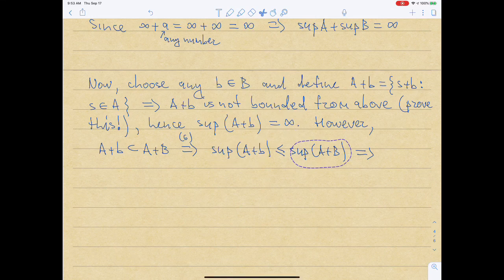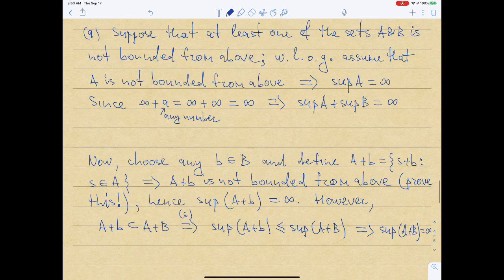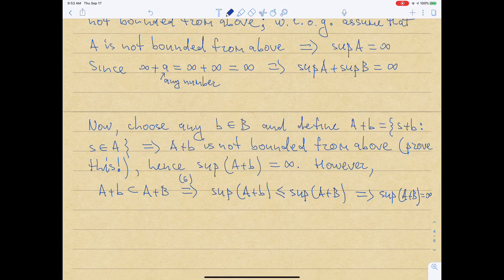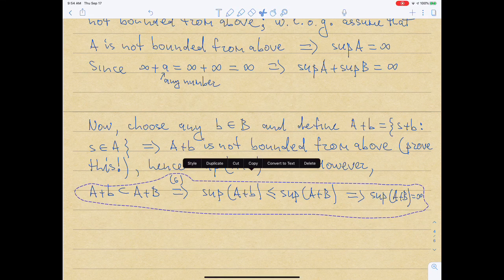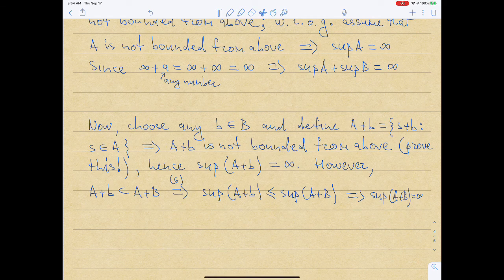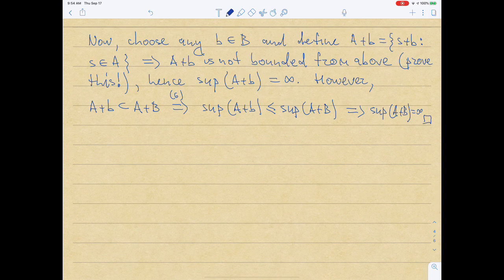The supremum of capital A plus B is greater or equal than this number, so what is greater than infinity? It's only infinity. So the supremum of A plus B is also equal to infinity. Okay, so that is a proof for the case when at least one of the sets A and B is unbounded. Right, clearly I can do the same thing if B is unbounded instead of A, so it's enough to just do it for A. So that proves the first part of the statement.